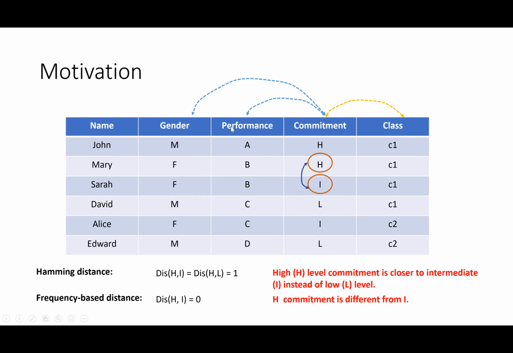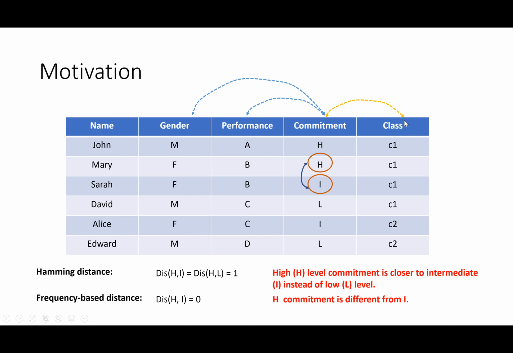And further, you have multiple features, and the commitment relationship between H and I, or I and L, etc., could it be related to the performance, which is quite normal. So the commitment affects the performance, right? And then the class label, we say, okay, we give it a high grade, or let's say it's outstanding or whatever, a different label.